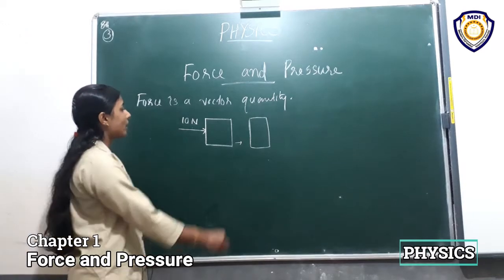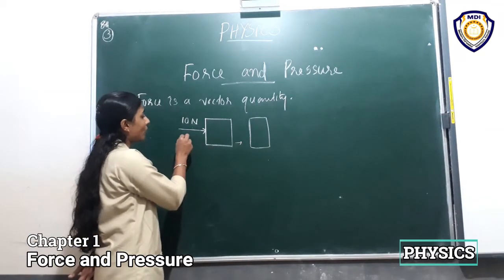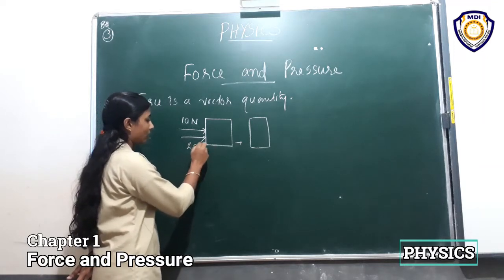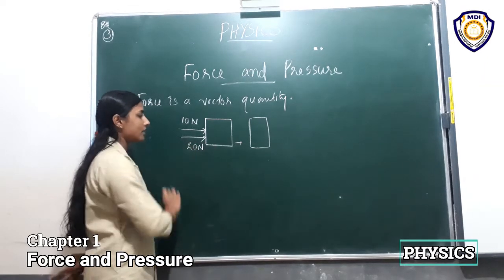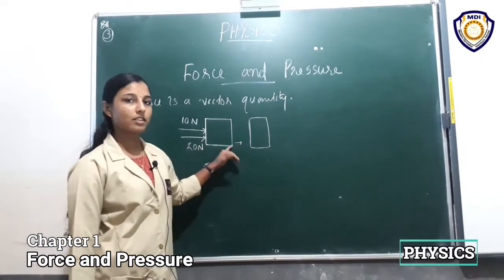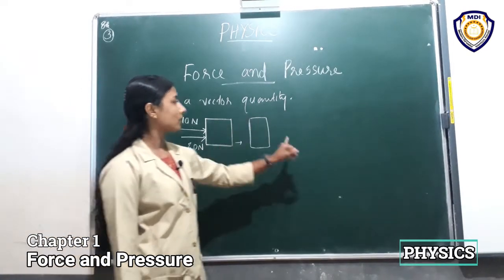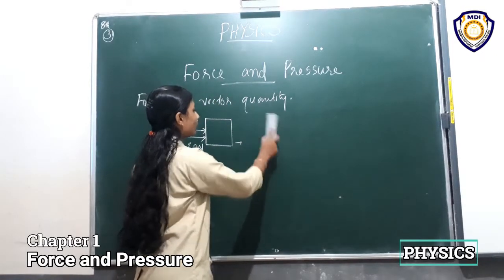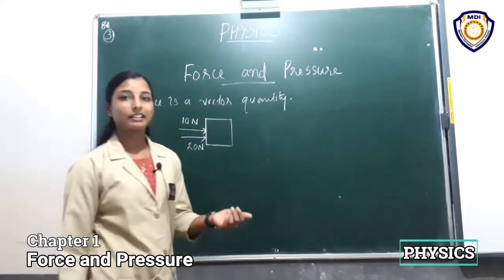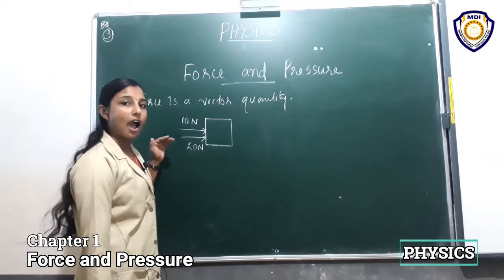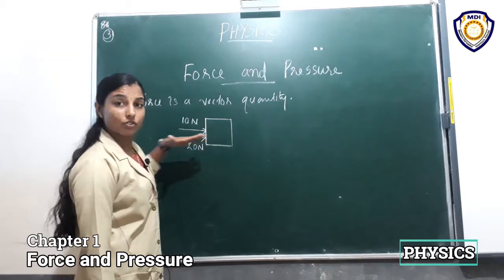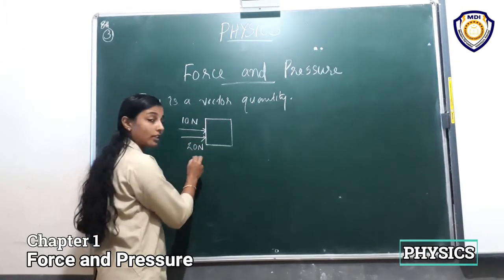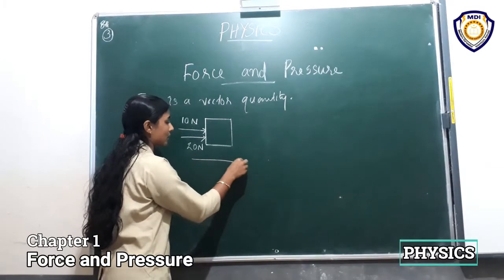And if another force of 20 Newton, suppose it is 20 Newton, is applied on this box, it will move some more distance, right? What actually happened here? These two forces are both acting in this direction.